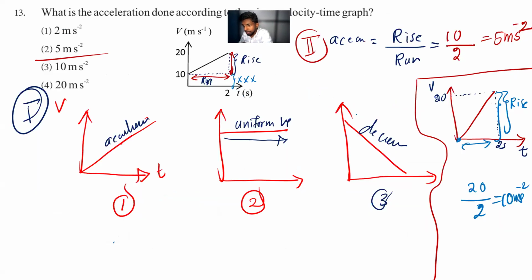Okay. Here, this is 2 seconds. Sorry, my dear, that is 2 seconds. Not 25, 2 seconds. Sorry, my handwriting, I'm very sorry, my dear. That is not 5, that is seconds. Did you get the idea? Is it okay now? That is not the time, that is seconds. Okay.